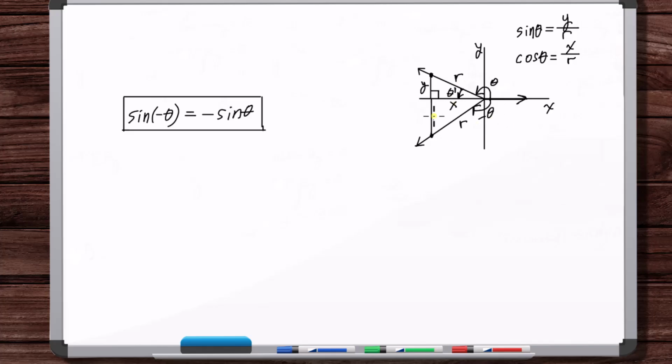This happens because by definition of the trig functions, we're always making this right triangle with the perpendicular on the horizontal, so the x's for theta and negative theta are going to be the exact same, and r is always positive. That's why the cosine function is an even function, meaning that cosine of negative theta is equal to cosine theta.